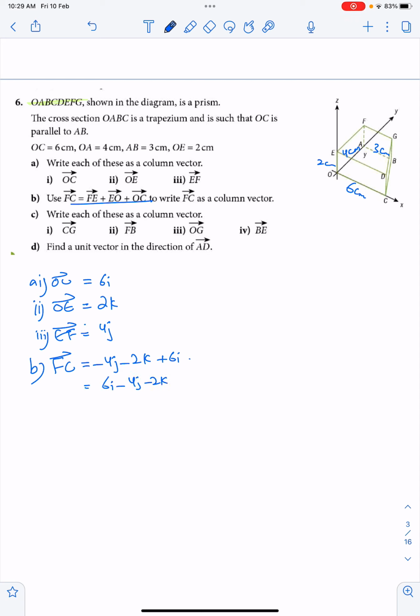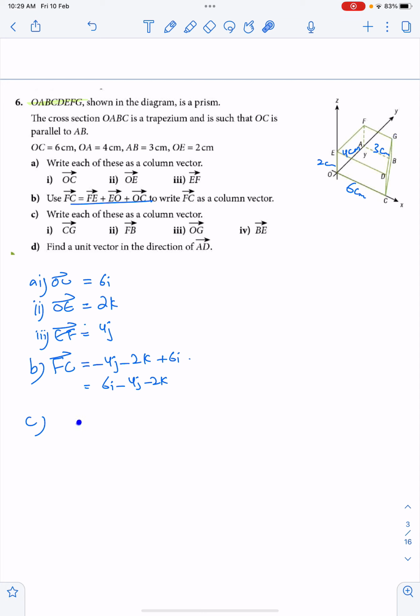Then the next part is C. Write each of these as column vectors. You have to go from C to G. I don't have this vector, because I can't go from here till here, I don't know the magnitude of this. So I'm going to go from C to G. I can either go from the base or from the top, whatever.